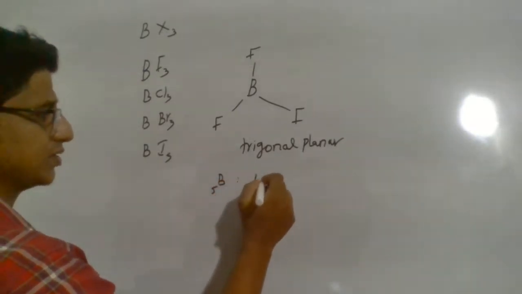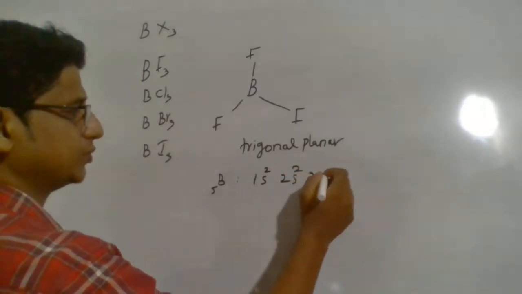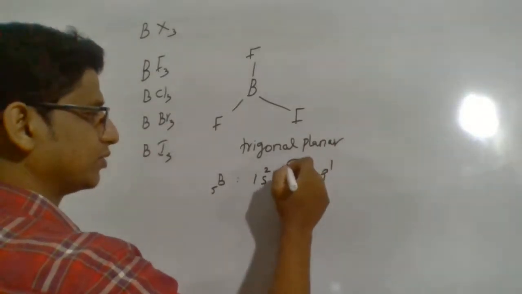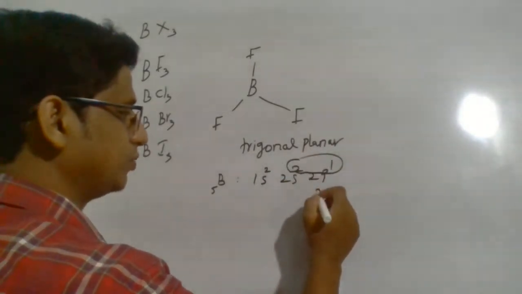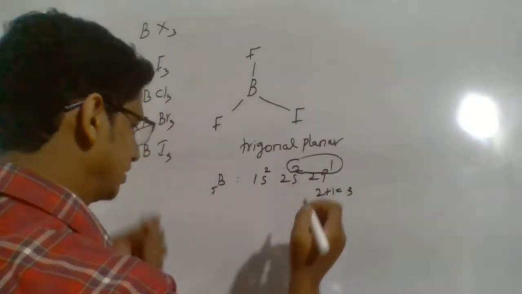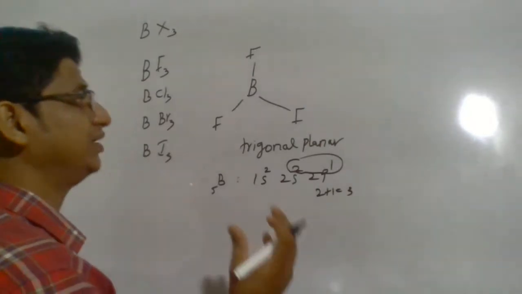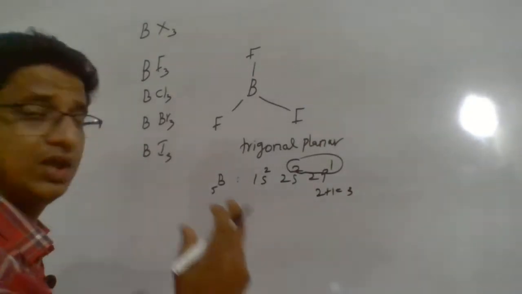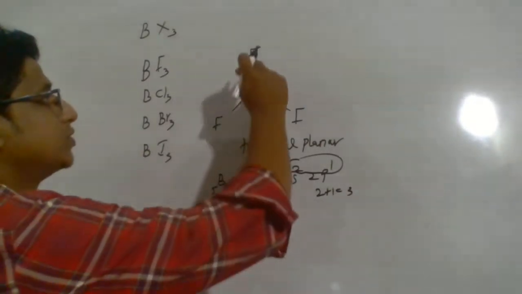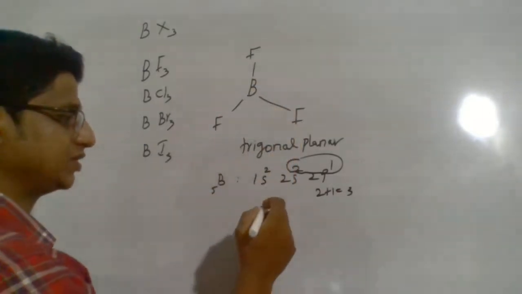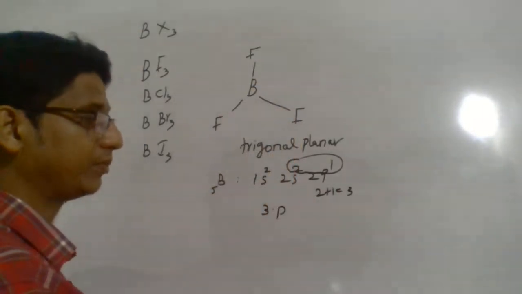It has the configuration 1s2, 2s2, 2p1. So the number of electrons available in the valence shell is 2 plus 1, which is equal to 3. So it can form 3 bond pairs, and there is no lone pair.